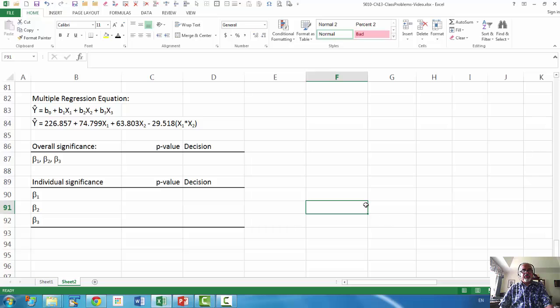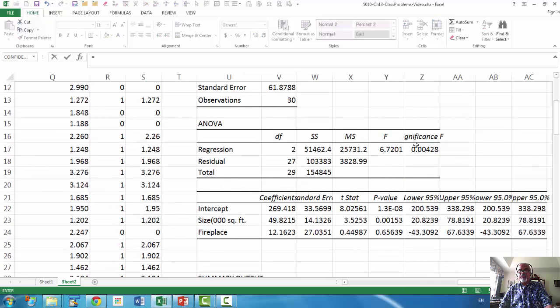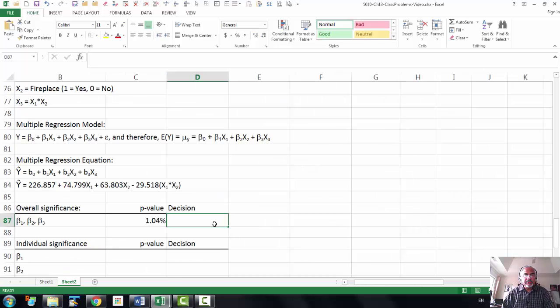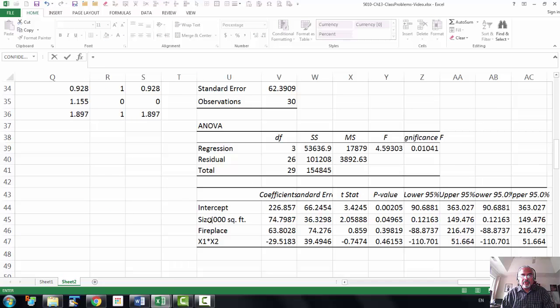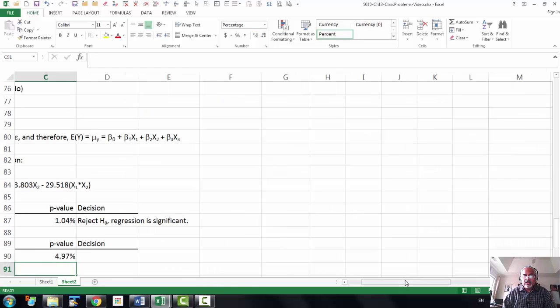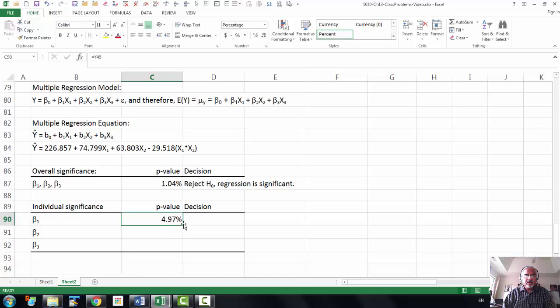Now we can test for overall significance. The overall significance p-value is from the ANOVA table. So the regression is significant. Now for individual significance, the p-values will come from the first x variable, that's the p-value, and then if you copy that down for the rest of them.